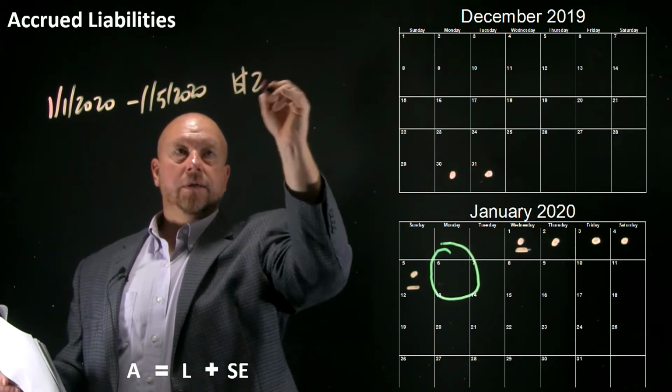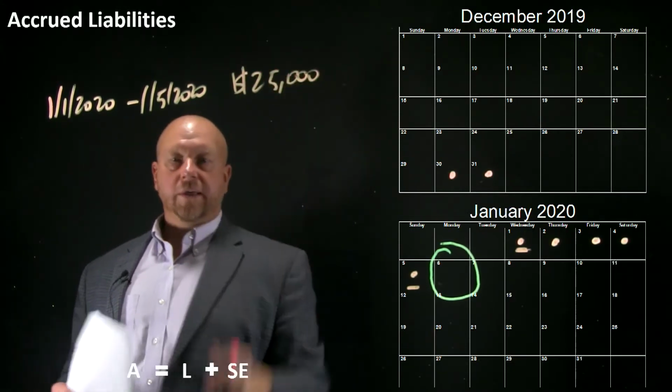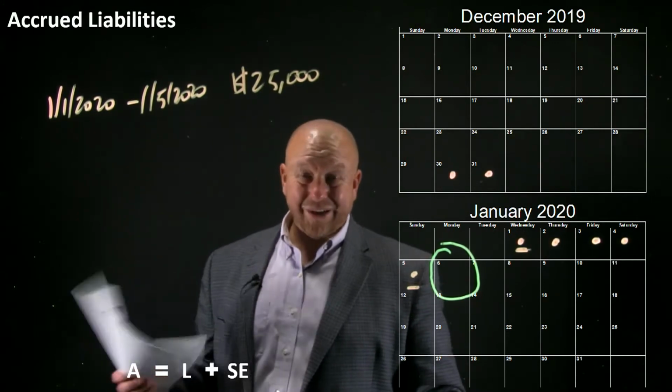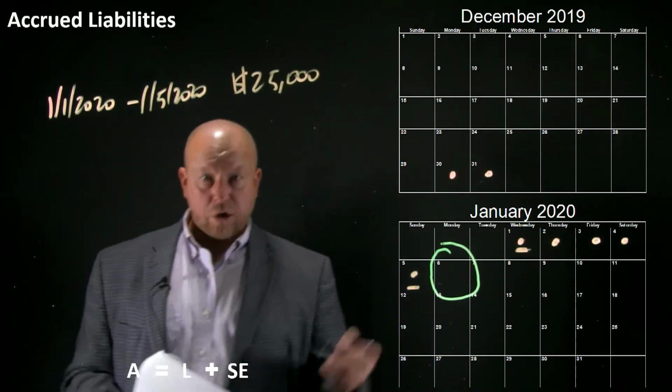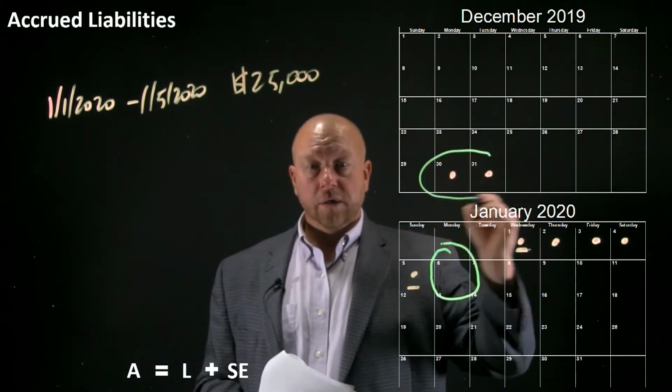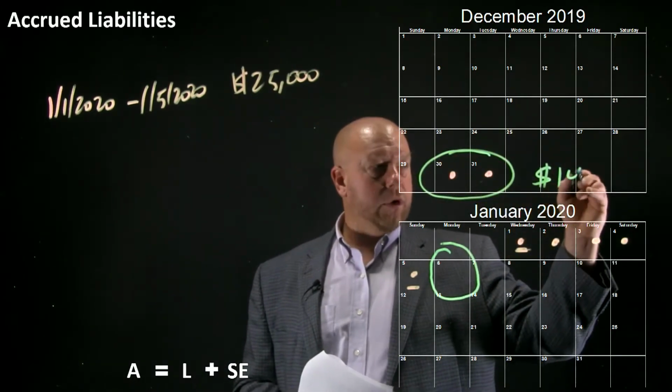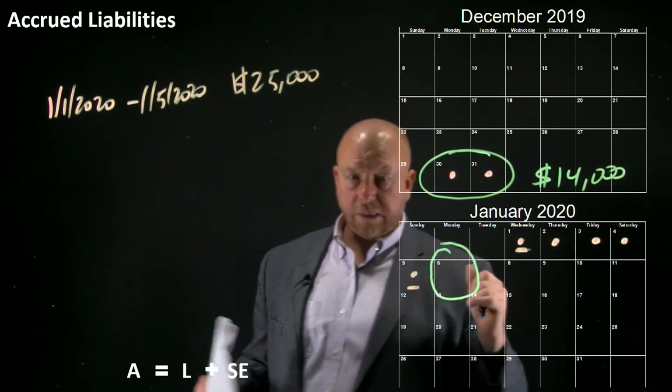So over that 5-day period. And of course, we still have that liability. You might recall that over here, remember we had the $14,000 liability for those last 2 days in 2019.